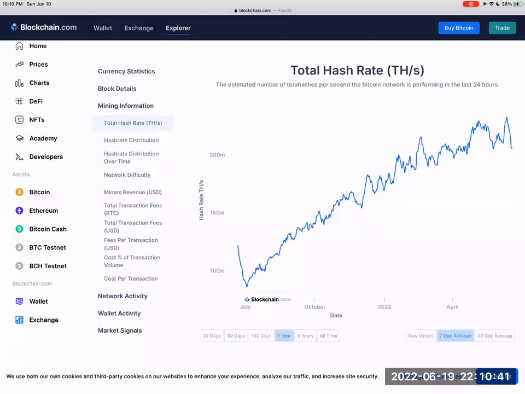It means that it's a lot. 10 to the power 20 is the number of hashes being computed across the whole network of miners. That's what the total hash rate means. Every second, as we speak, there are of the order of 10 to the 20 computations of this hash function per second. It's pretty tremendous.